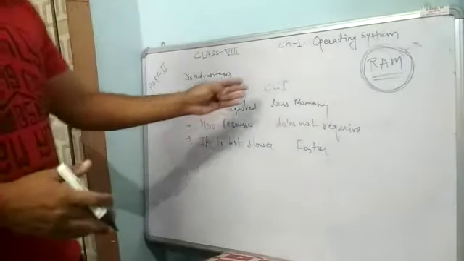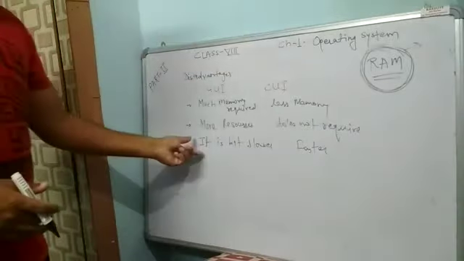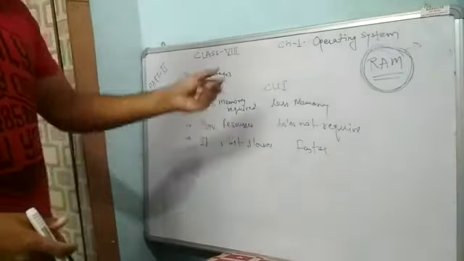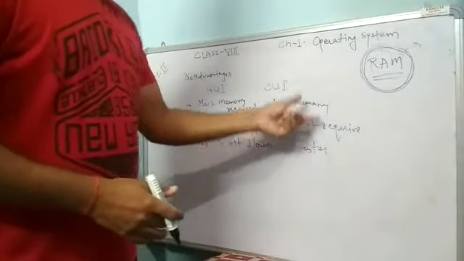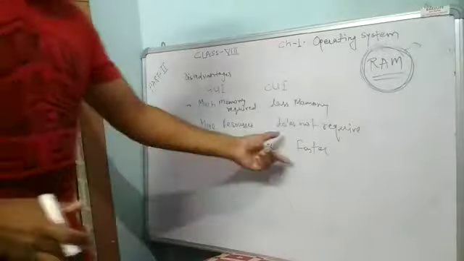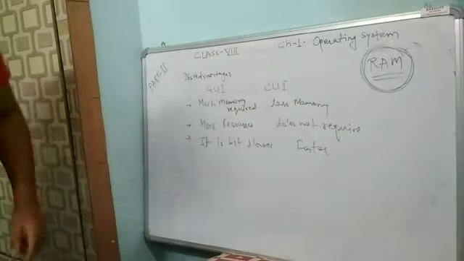So if it is occupying much memory on the RAM, then definitely speed will be slowed down. But on the other hand, CUI requires less memory on the RAM, so the system speed will be faster than GUI.